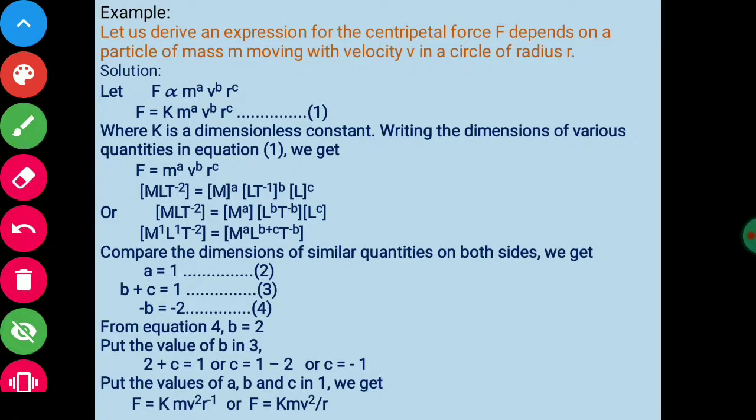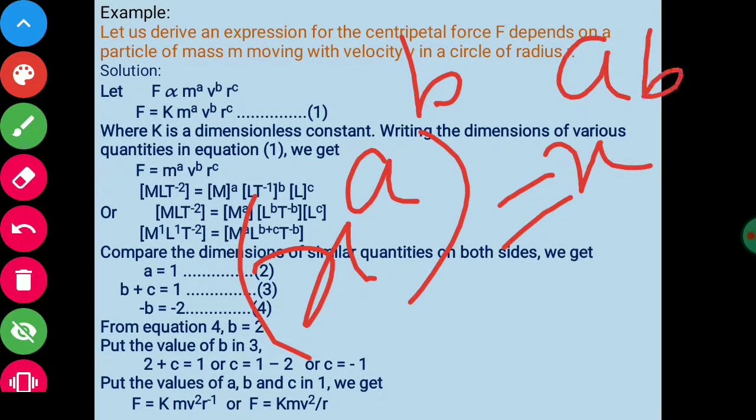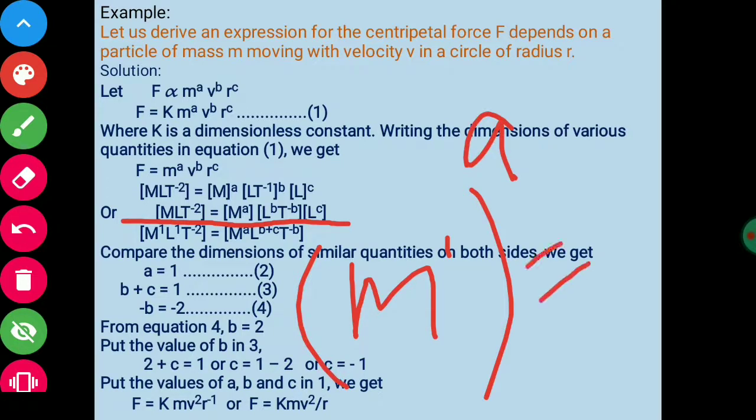Now when we use the formula x raised to power a, whole raised to power b, we can say that it is x raised to power a into b. That means when a physical quantity has two powers, we simply multiply them. We use the same thing here. M L T to the power minus 2 equals M to the power 1, whole power a, so it becomes M raised to power a.